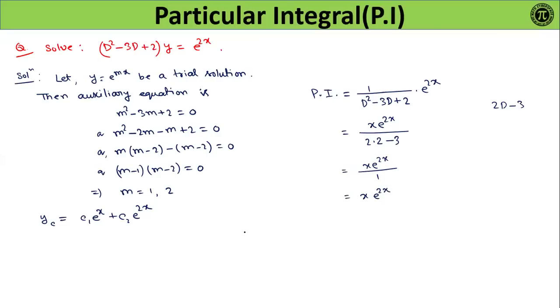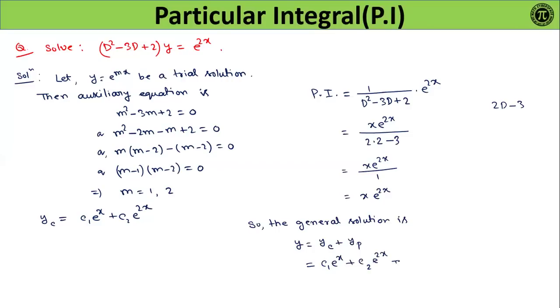Now, what is the general solution? So the general solution is y equals yc plus yp. What is yc? c1 e to the power x plus c2 e to the power 2x.